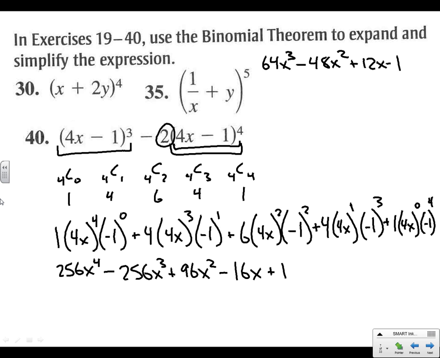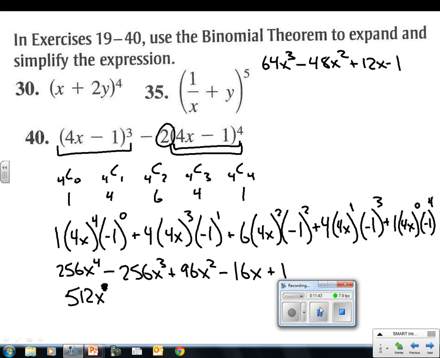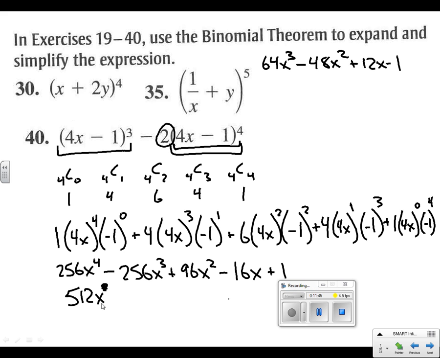Remember, it is times 2, so let's double all of these things. 256 times 2 is 512. All right, so 512 is what we get when we double it.